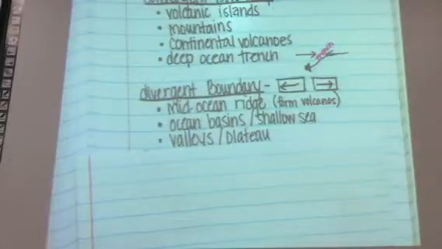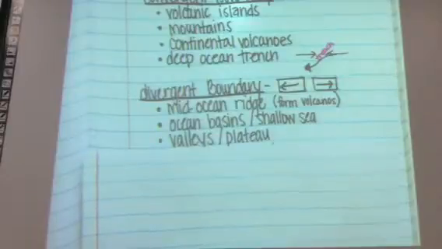Where is it found in the world where you can actually see a divergent boundary? Iceland. Iceland, yes. Okay, Iceland is the only place where you can actually see a divergent boundary. Every other place, divergent boundaries happen underwater. Why can you see it in Iceland? Because Iceland's on land.